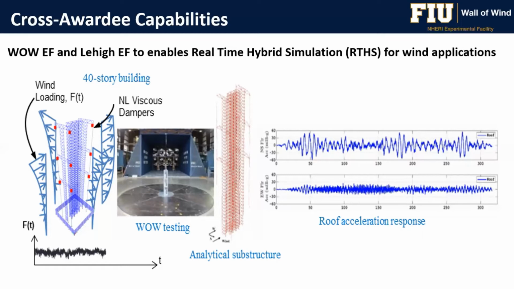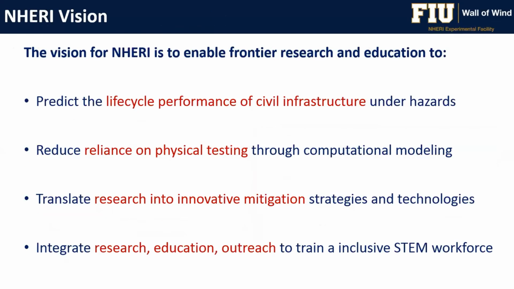We are right now doing a 40-story building on top of which there is a communication tower, which is aeroelastic. So you can use this kind of capability to study the interaction between a flexible communication tower atop a very tall building. And these are some simulation pictures, and Amal is going to again talk about this tomorrow.